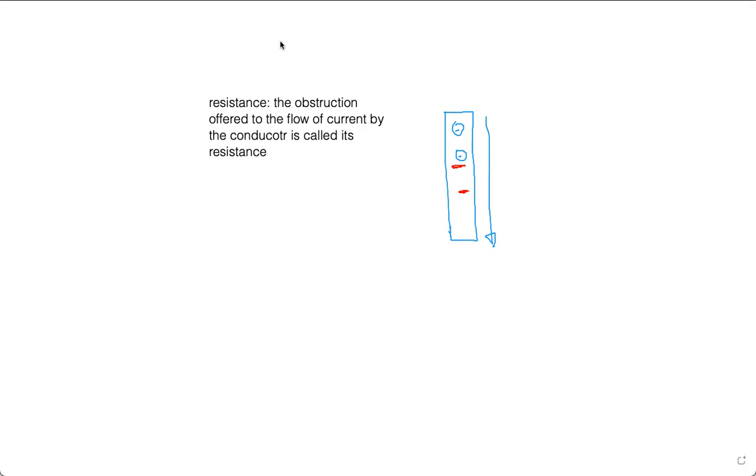It's just going to slow it down. This quantity is measured in ohms, and the symbol for this is the omega sign, which is a Greek letter.